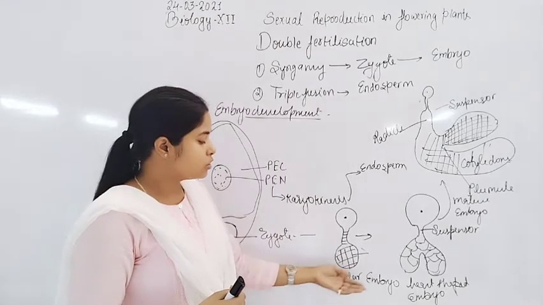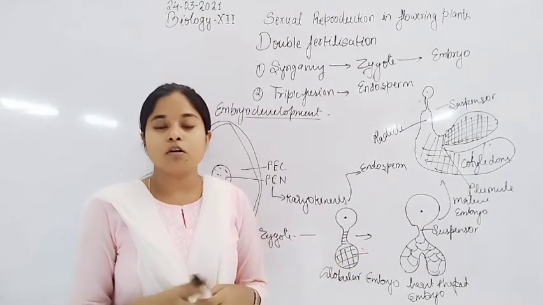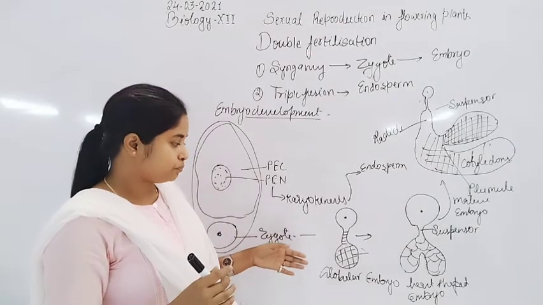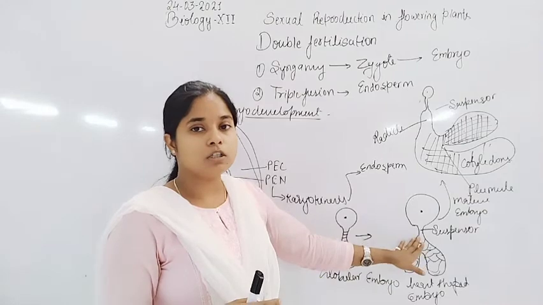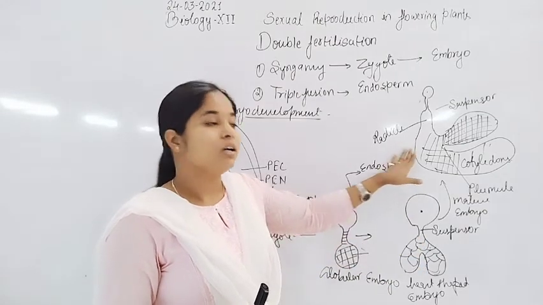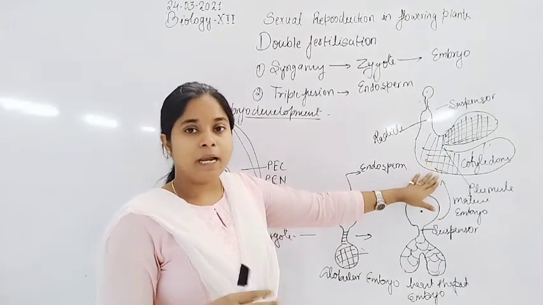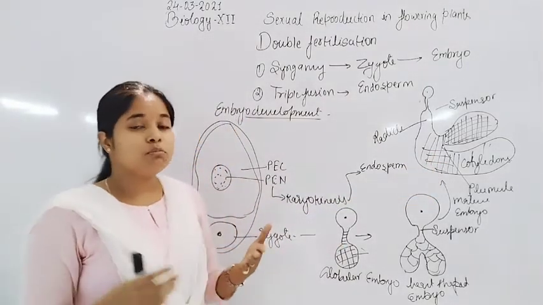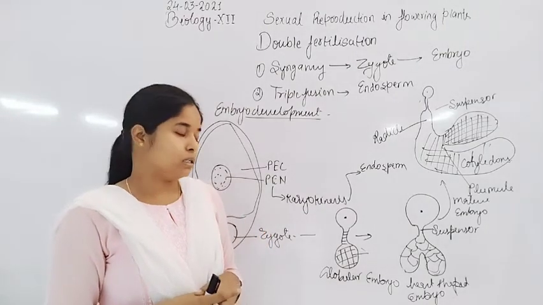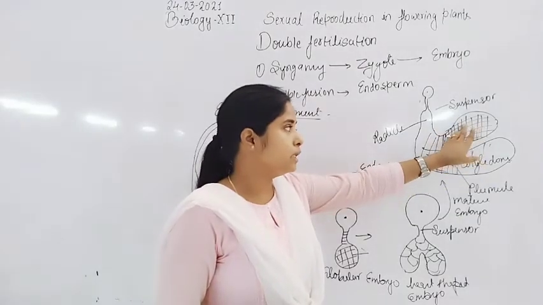During the development, there are many stages of the embryo formed inside the ovule. The globular embryo will be formed, in which a globular shaped embryo is observed during development, then the globular converts into the heart shape, and finally matures into the mature embryo, where the cotyledons develop in the dicotyledonous seed. In a monocotyledonous seed only one cotyledon is present, but here two cotyledons are present.